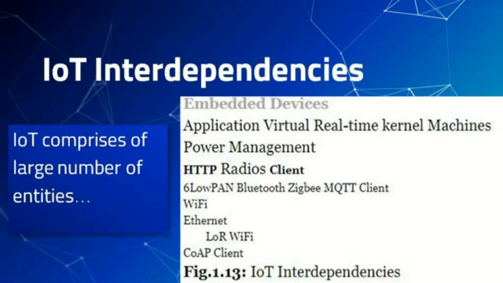The application is run on an operating system that is managed by power management, and all this is important along with the various network technologies. This is the IoT interdependencies, because IoT is not a single entity, it is a combination of many elements.